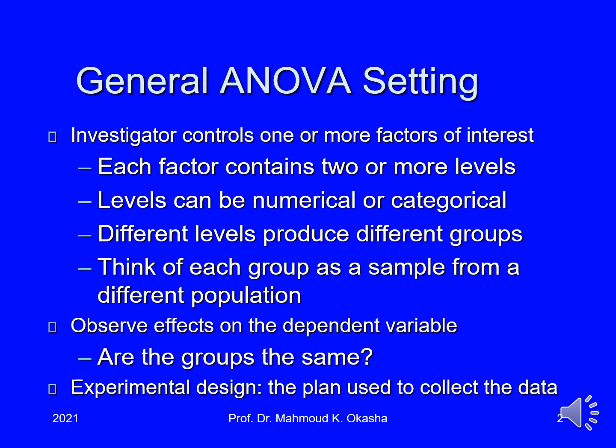The ANOVA setting is as follows. Usually we have an experiment with a factor whose levels we want to test. For example, in an agriculture experiment, we have a variable, which we call a factor, and this variable is, for example, the amount of water given to the trees or plants.